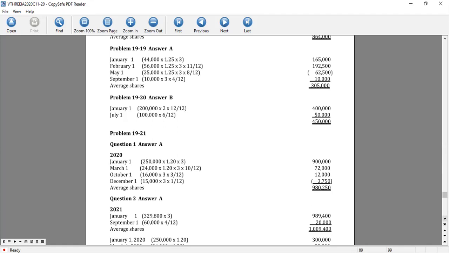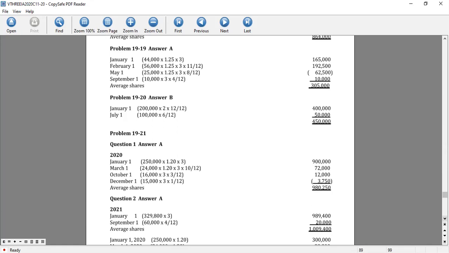Then for number 20, what is the average number of shares that should be used in calculating the basic earnings per share? January 1, shares outstanding. April 1, 2-for-1 split. July 1, shares issued. Preference share capital 10. Par value 5% cumulative. January 1, shares outstanding 40,000.